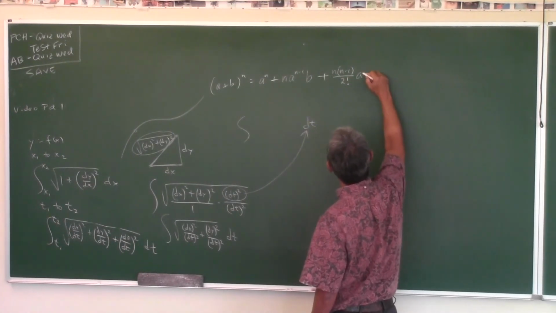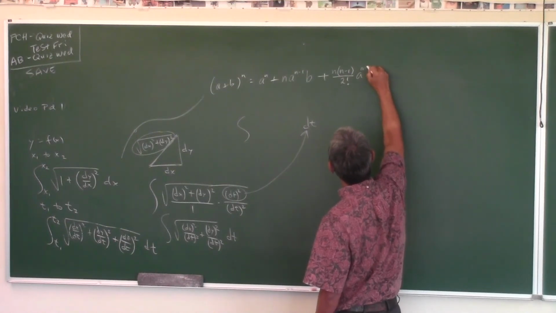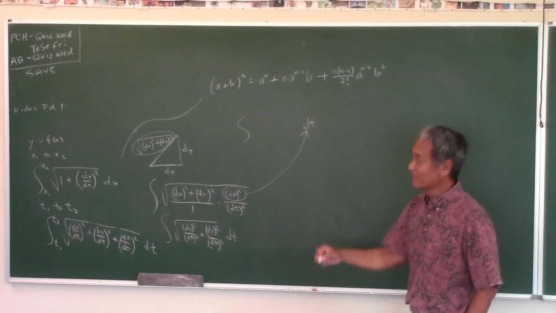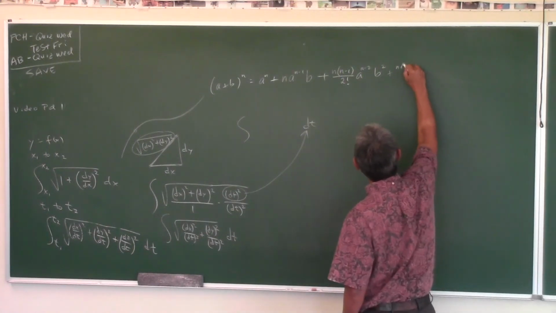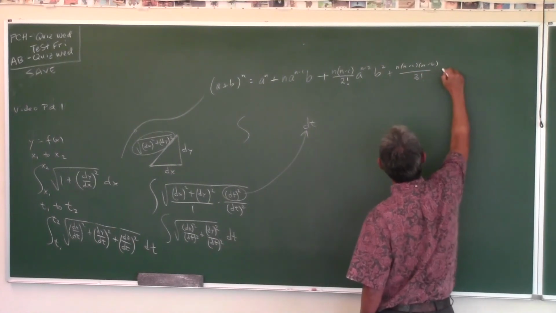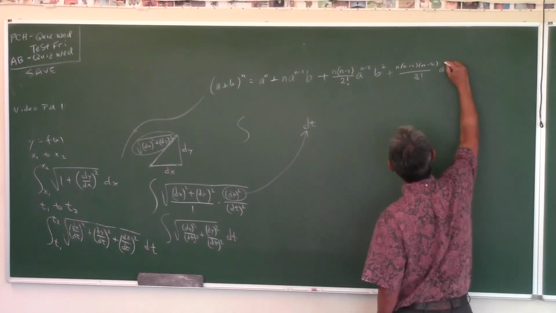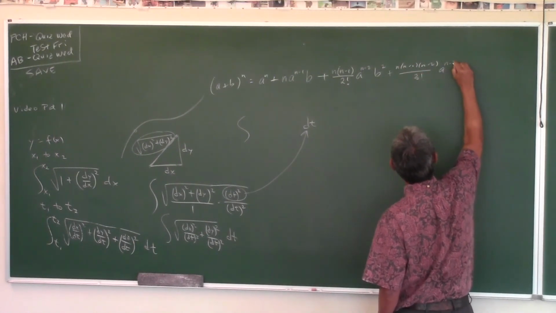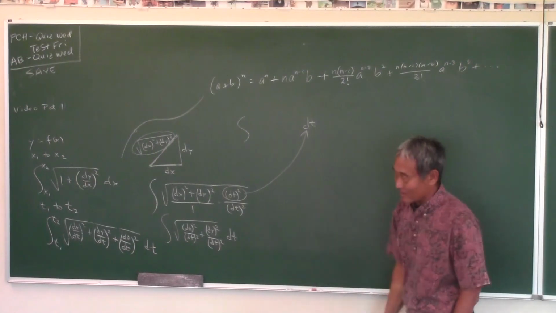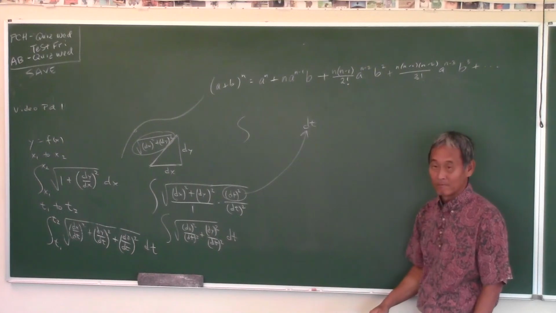The power of a goes down by 1, the power of b goes up by 1. Does that sound familiar? Then n(n minus 1)(n minus 2) over 3 factorial. The power of a goes down by 1, down by 1, down by 1. The power of b goes up by 1. That's the binomial theorem.